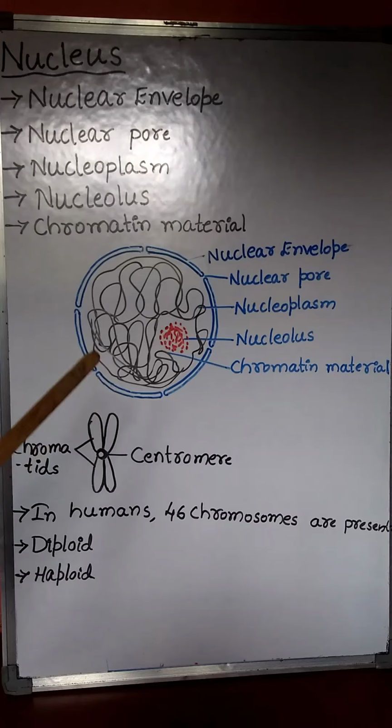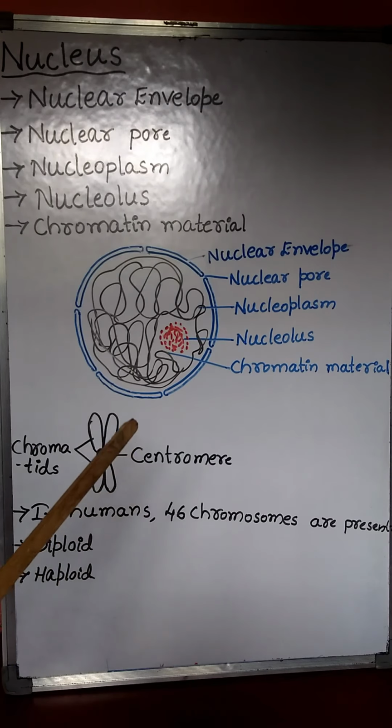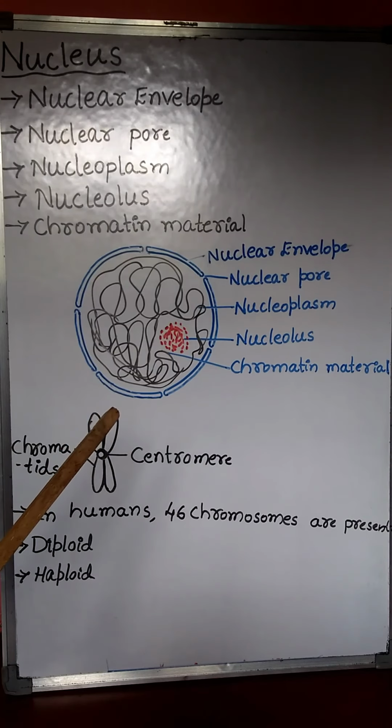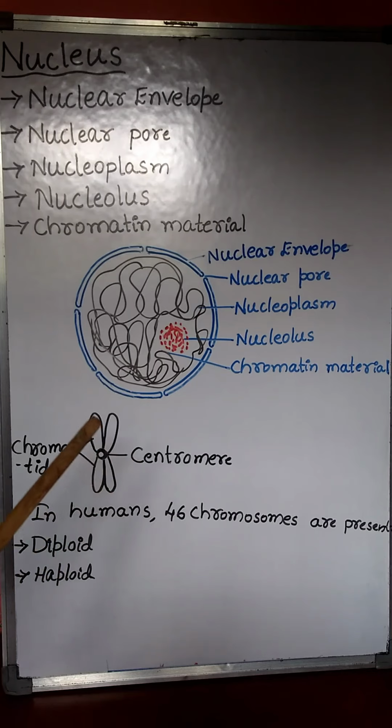Means in mammals, RBC is the cell in which nucleus is absent at maturity. Whereas in plants, sieve element is the cell which lacks nuclei.